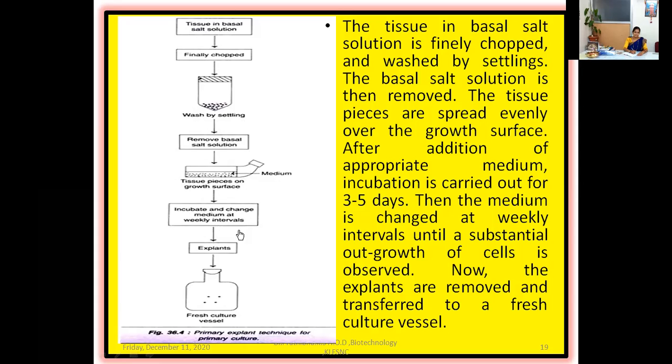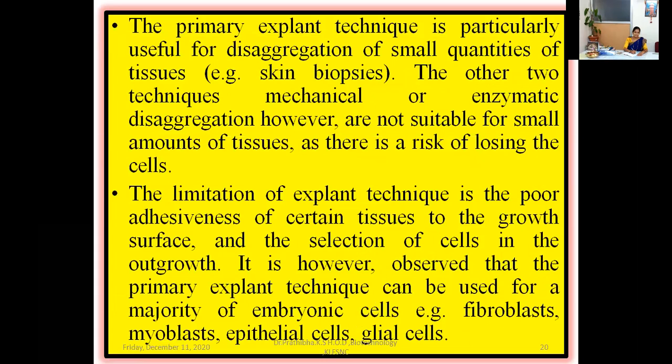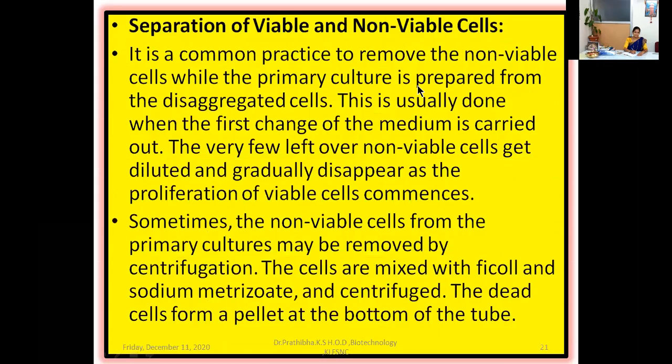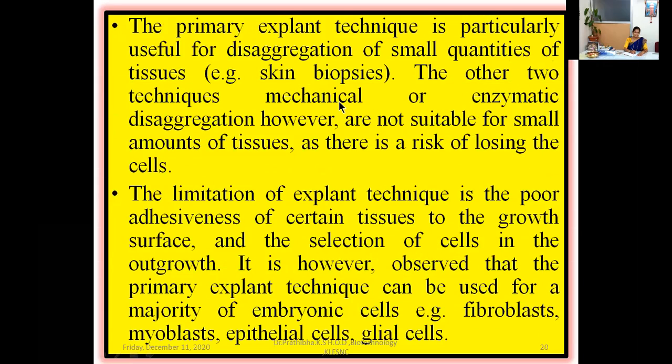Further, explants are removed and transferred to a fresh culture vessel. This is all about the primary explant technique for primary culture. The primary explant technique is particularly useful for disaggregation of small quantities of tissues, for example skin biopsies. The other two techniques, that is mechanical or enzymatic disaggregation, however, are not suitable for small amounts of tissues as there is a risk of losing the cells.